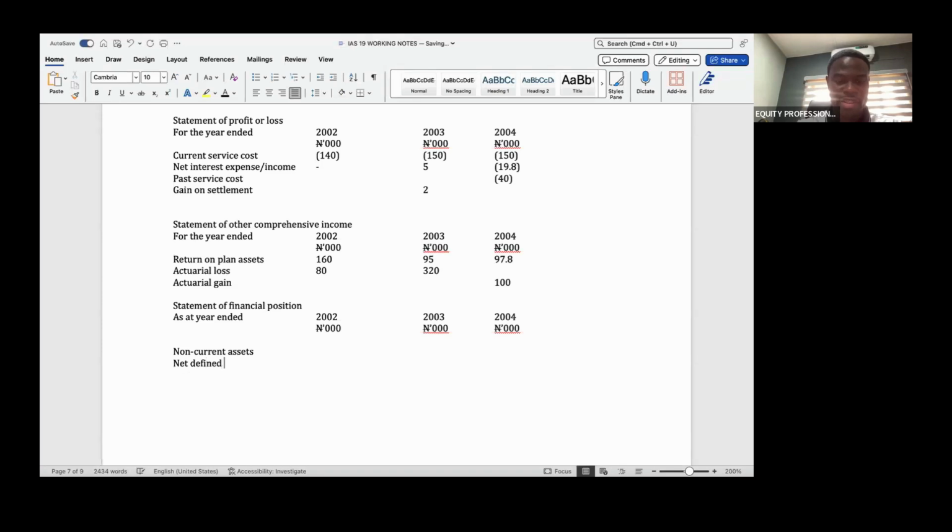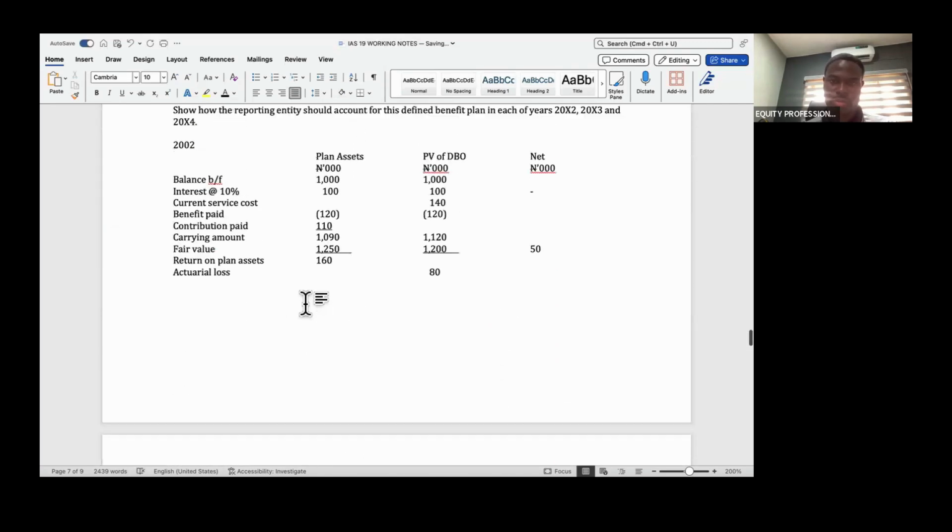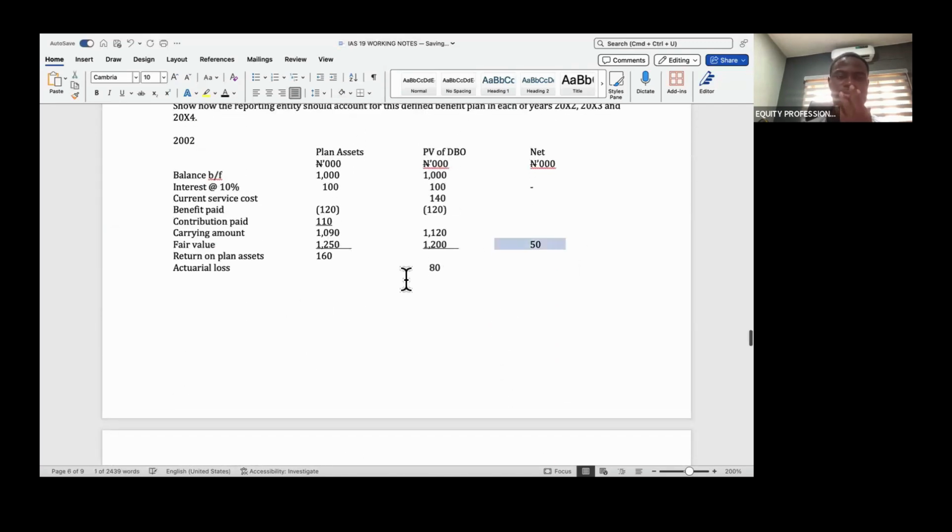Net defined benefit assets or surplus. What do we call it? 50, right? It was 15. Yep, 15.